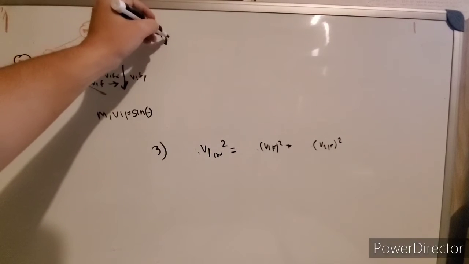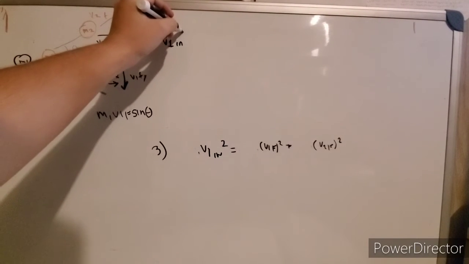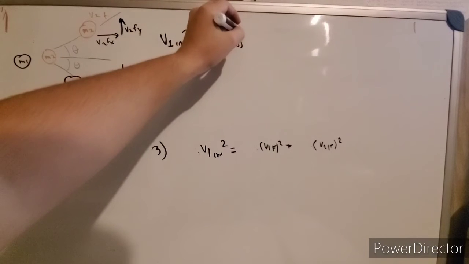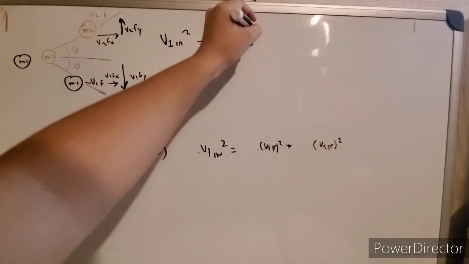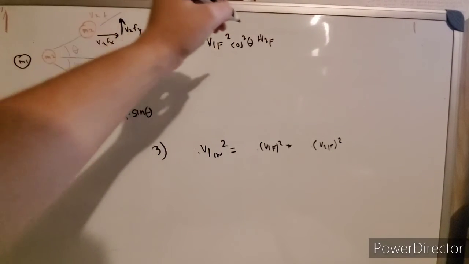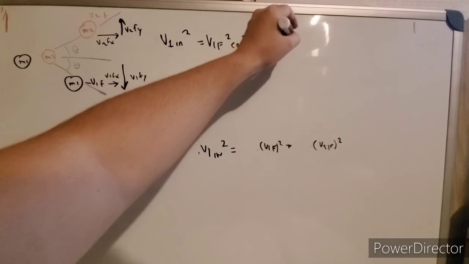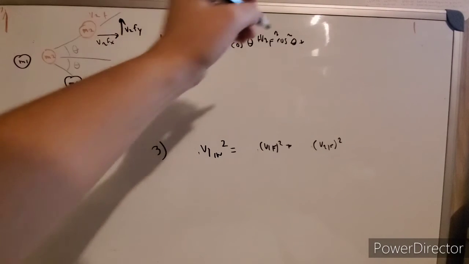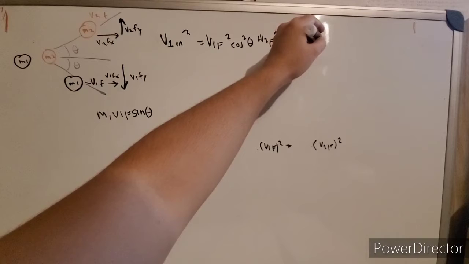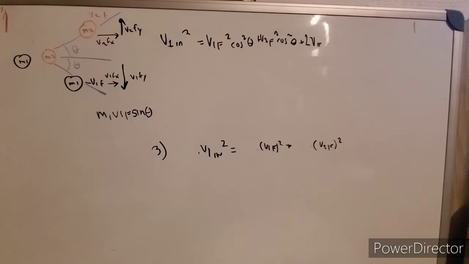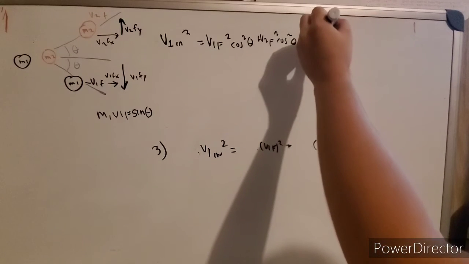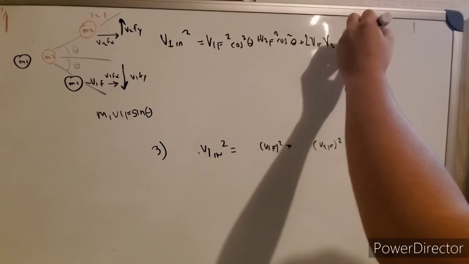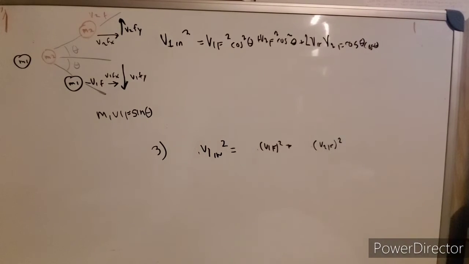So it'll be v1 initial squared equal to v1 final squared cosine squared theta plus v2 final squared cosine squared theta plus 2 v1 final v2 final cosine theta cosine theta.